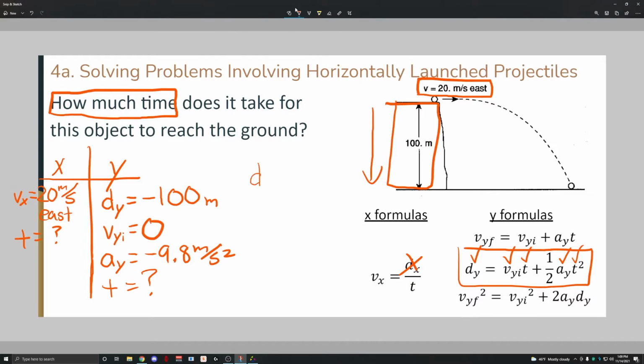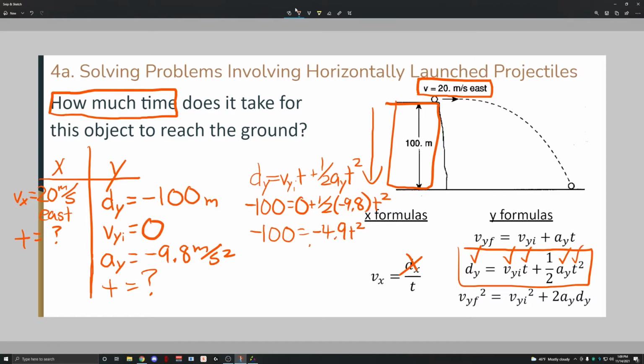So you're just going to plug things in. dy is equal to vyi t plus 1/2 ay t squared. So dy is negative 100, equals 0 plus 1/2 times negative 9.8 t squared. 1/2 times negative 9.8 is negative 4.9 t squared.